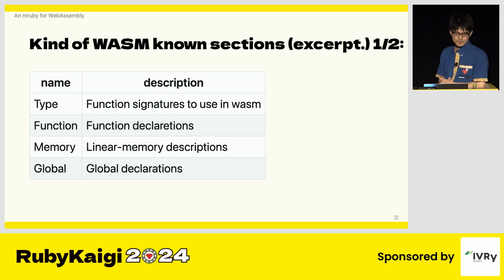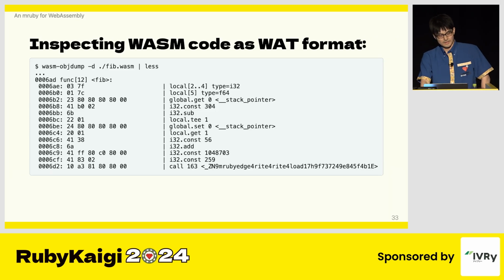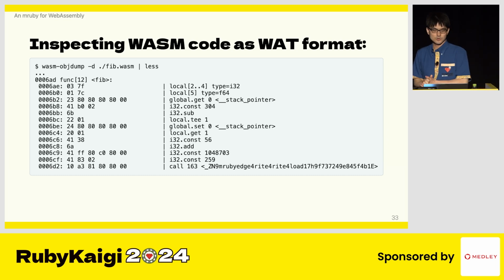For example, type, function for function declarations, or memory or global declarations, or export and import functions, or bodies of functions, or its data. You can inspect WASM code as an assembly format called WAT.